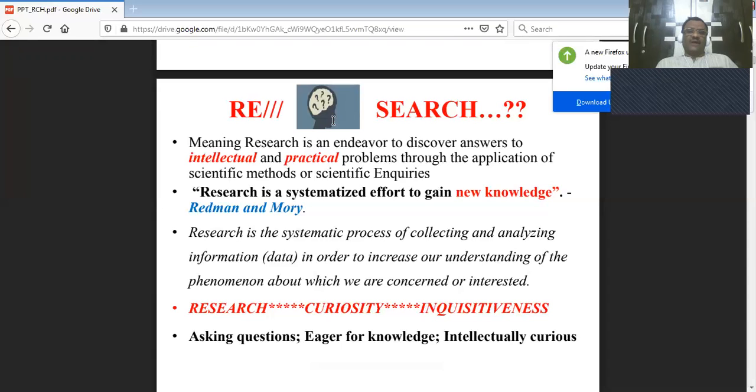I'm going a bit forward, understanding the spiritual aspect of research too.